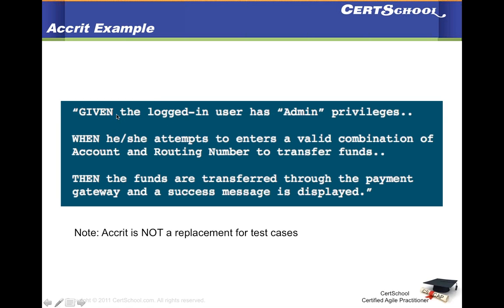So given the precondition, which is the logged in user has admin privileges, when some event happens, which is the actor, the user who has the admin privileges, enters a valid combination of account and routing number to transfer funds, then what is the expected behavior? Okay, the funds are transferred through the payment gateway and the success message is also displayed to the user.